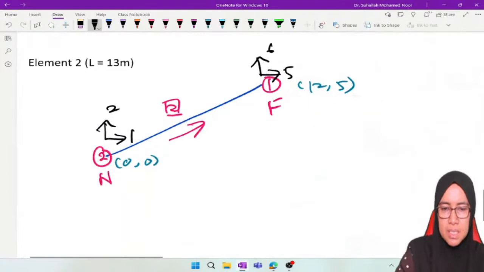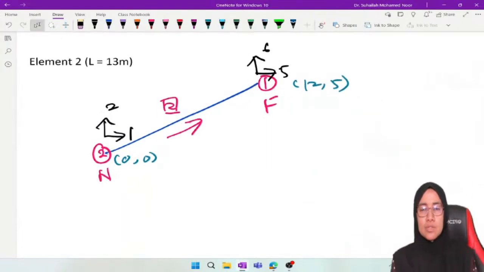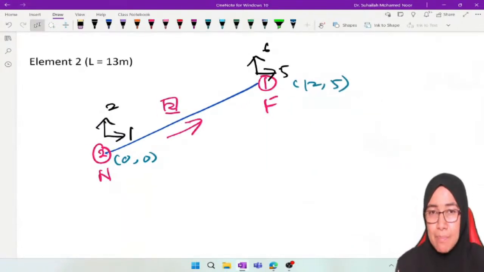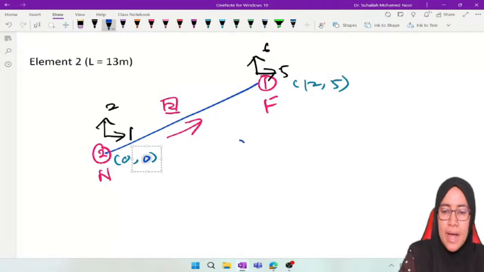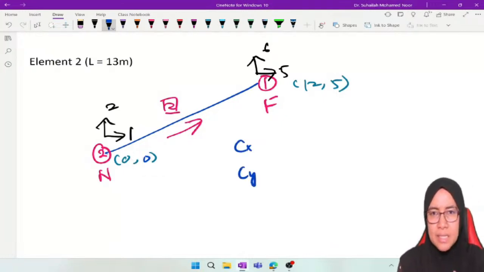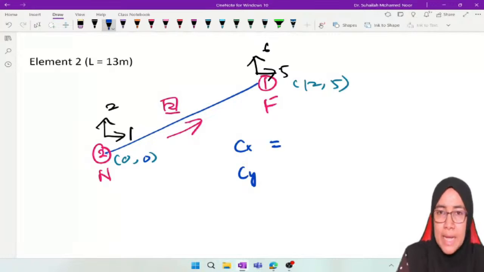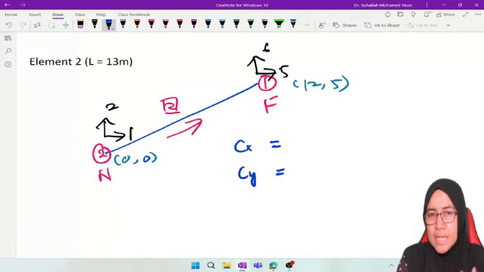So from this we repeat the same process. We have to start by calculating Cx and Cy. Cx refers to x coordinate, Cy refers to y coordinate. It is far minus near.